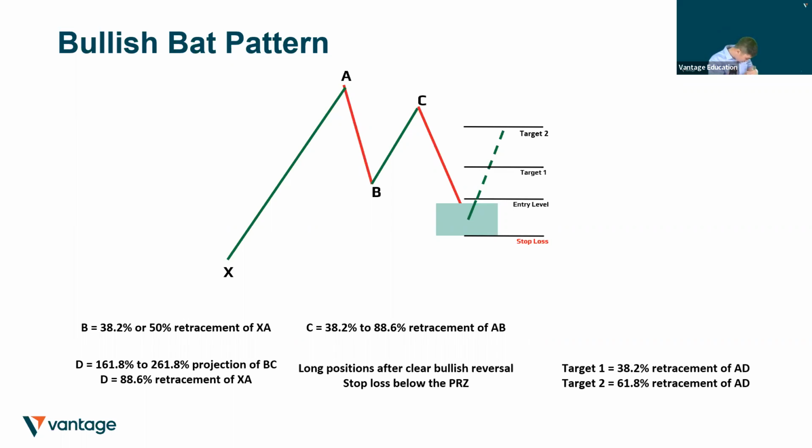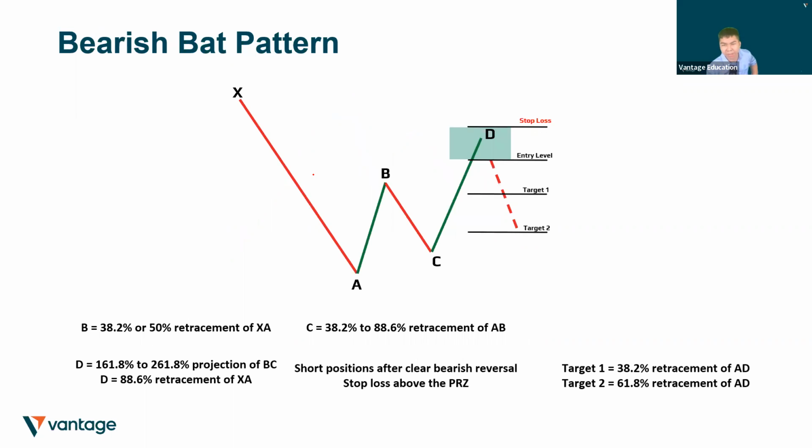Give me a moment, my specs are a bit dirty. So yeah, moving on to the bearish Bat pattern. It is the opposite, as you can see, but the Fibonacci ratios are more or less the same. The bearish Bat pattern is exactly the opposite.